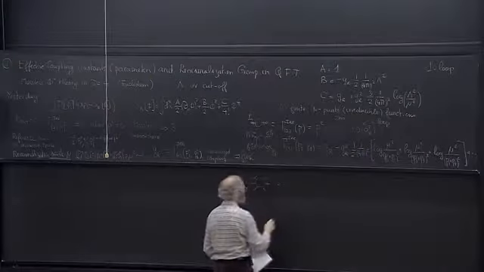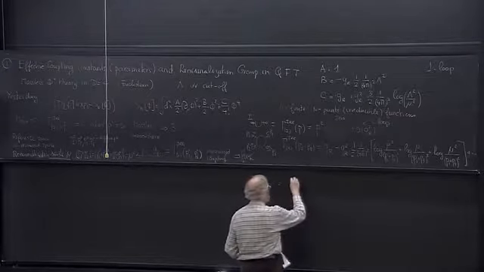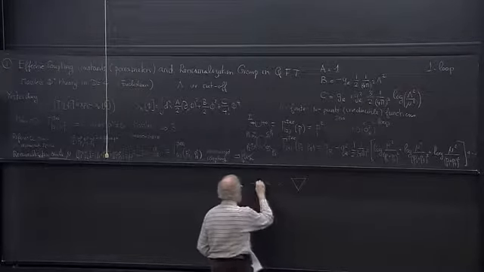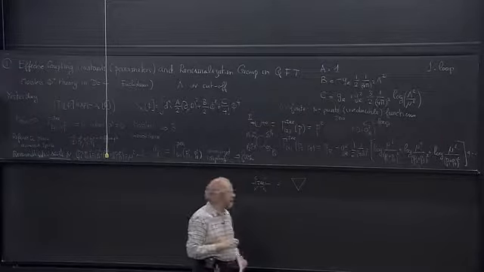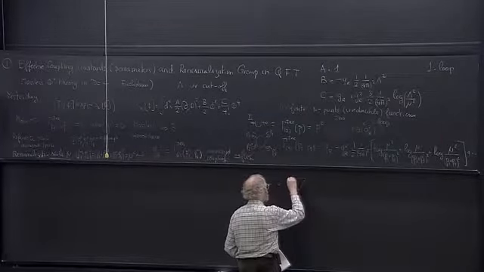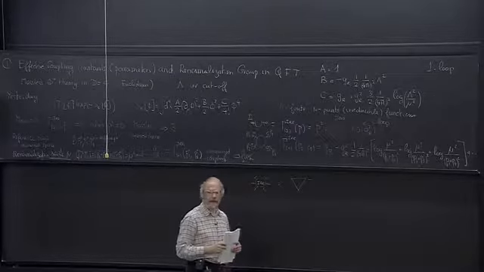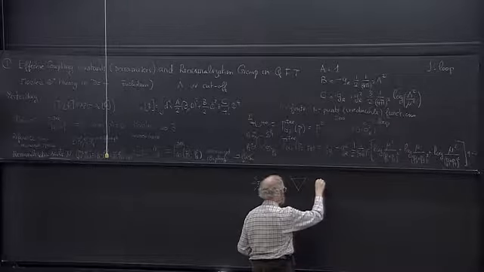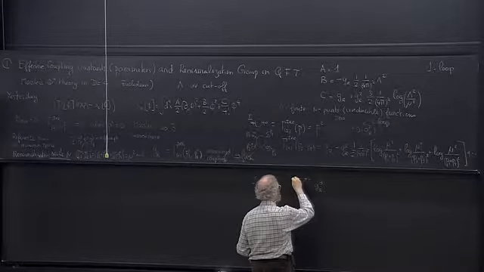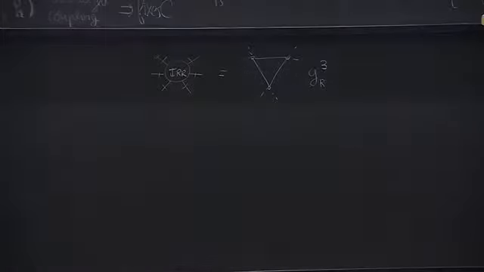We have seen that for the irreducible 6-point function, the first diagram which appears is this triangle diagram, which is of order GR cube, but with 3 vertices.